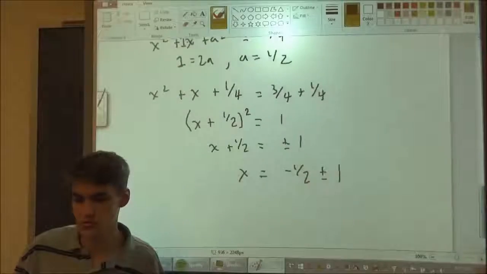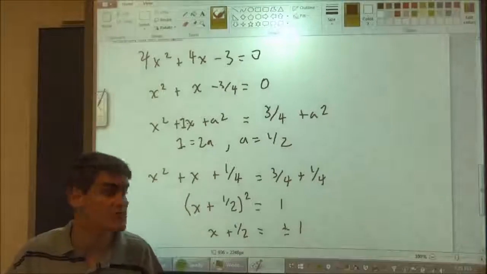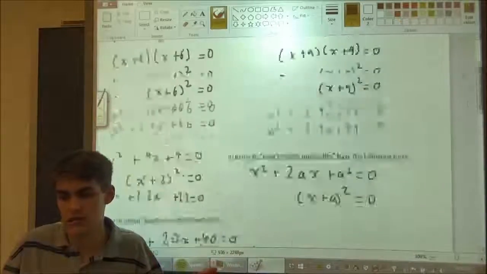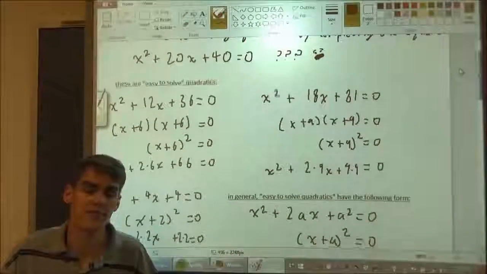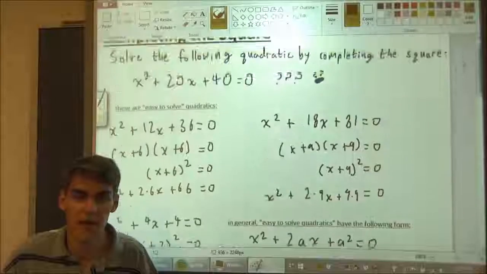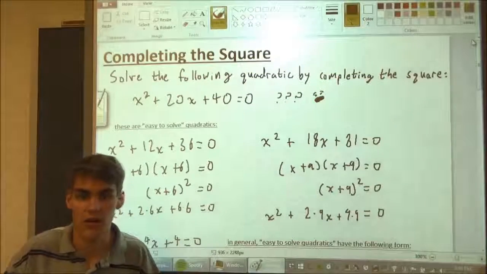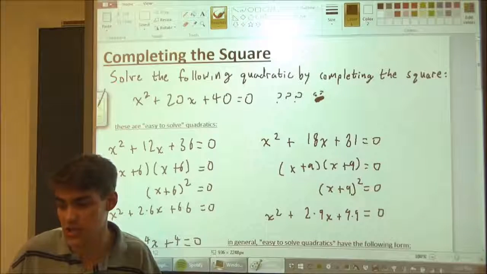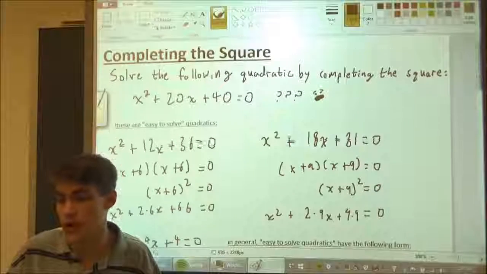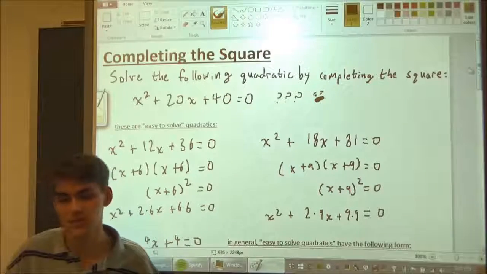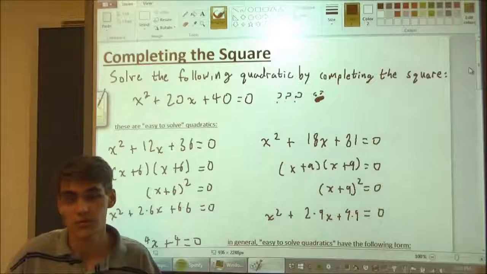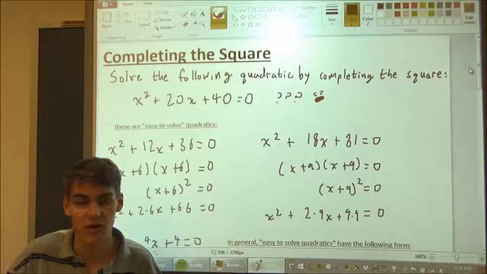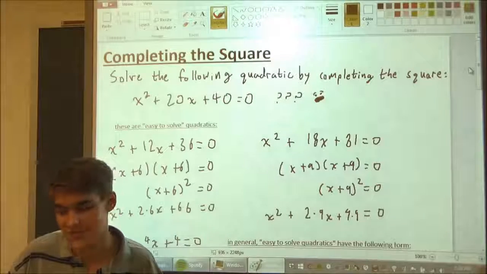I encourage you to understand conceptually what's going on while we complete the square, and then once you've got that down, just go ahead and memorize the formula, and don't use up that brain power on thinking through this every single time. But before you do the formula, make sure you understand where it's coming from and why completing the square is so powerful. Because this could work on any quadratic, which is pretty cool. Like, there's an infinite amount of quadratics, and you could solve them all if you had an infinite amount of time, which I think is neat.